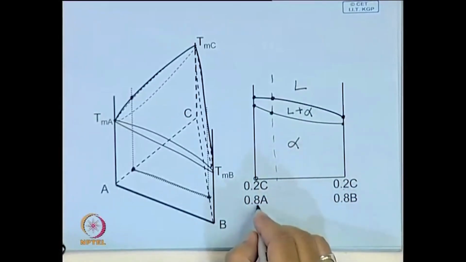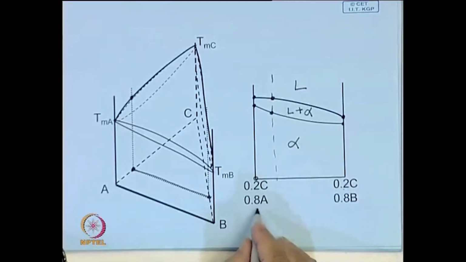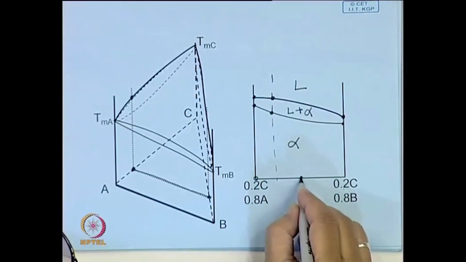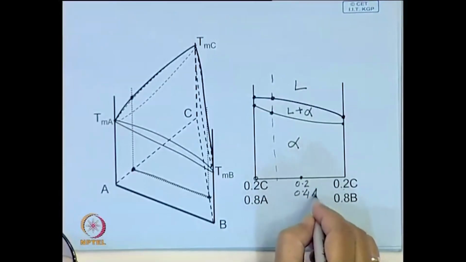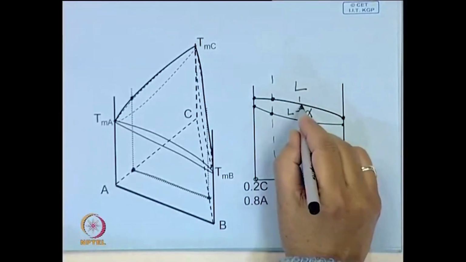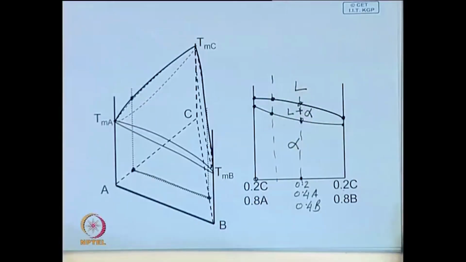What is changing is the ratio of A and B. So, here it is 80% A, here it is 80% B, somewhere in between it may be 0.2, 0.4 A, 0.4 B. So, there you can read from this diagram the melting range of that particular alloy.